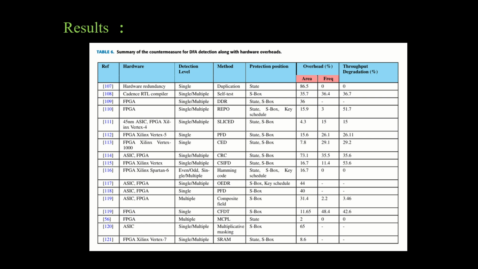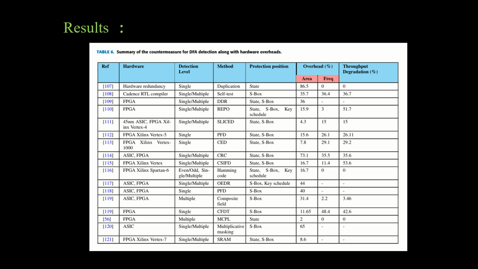which summarizes DFA countermeasures are analyzed based on detection levels, methods, protections, positions, overhead cost, throughput performance. So the findings were some methods, example Hamming code, MCPL.